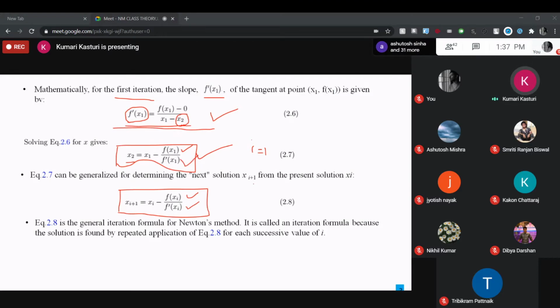This is the general equation which we have to calculate by putting the iteration number. You can carry on your iterative process and you will see at which value your solution converges. We will see that. All of you write down this generalized equation. This equation we have to use now.